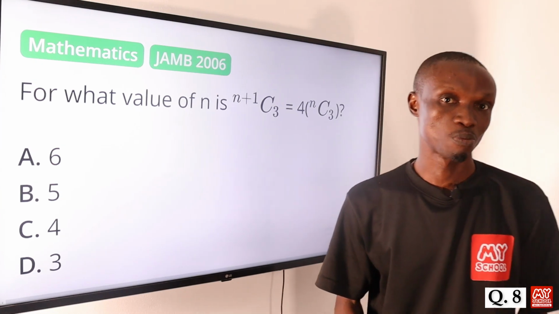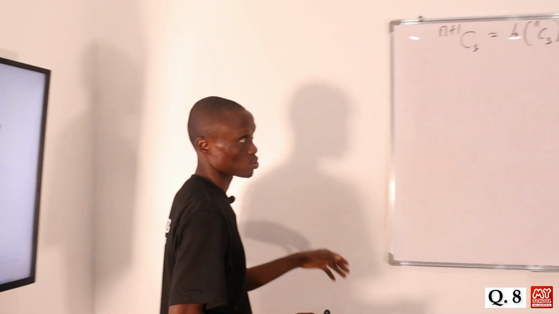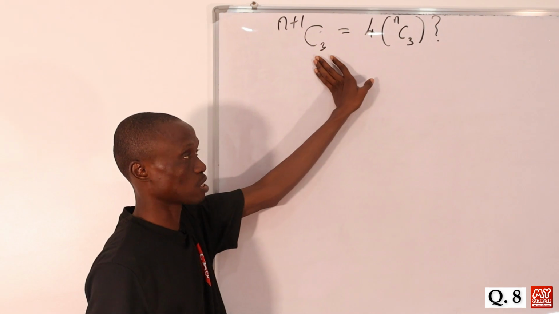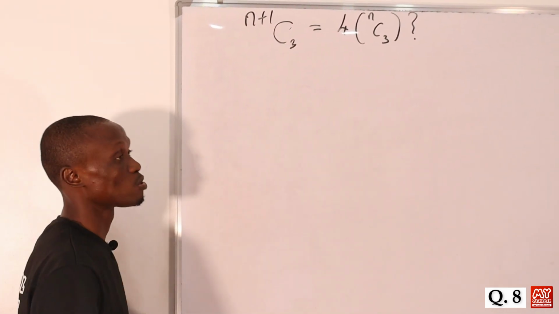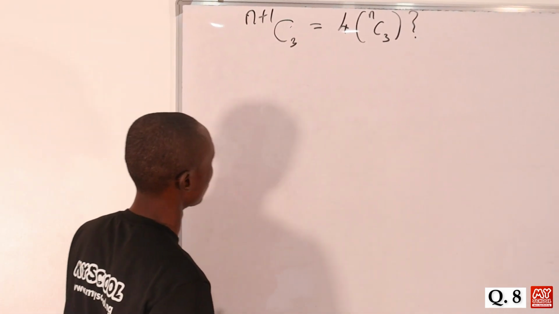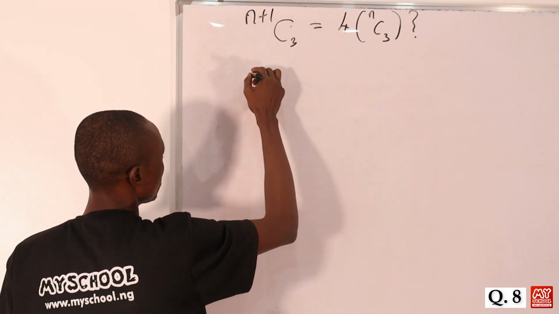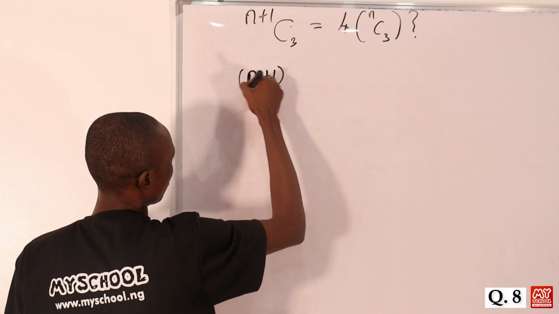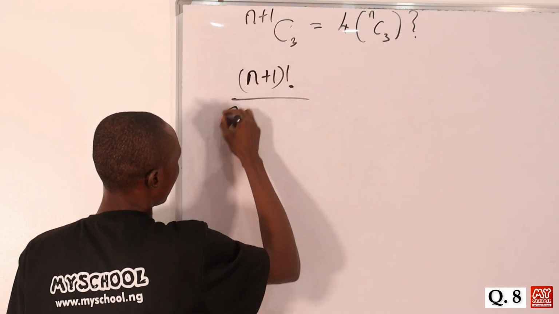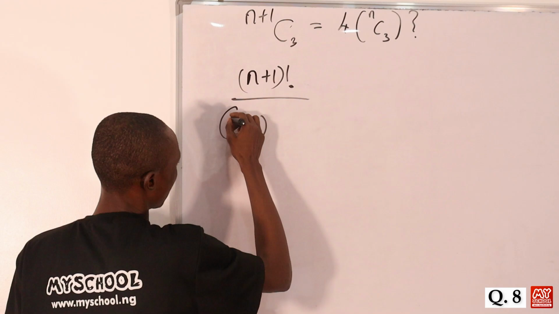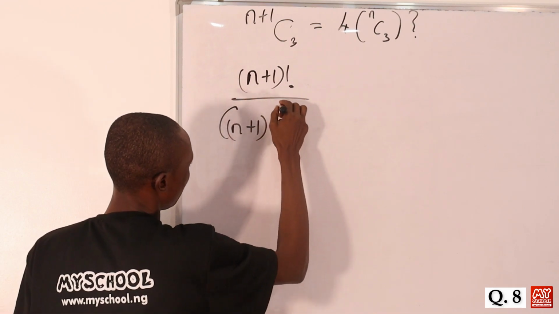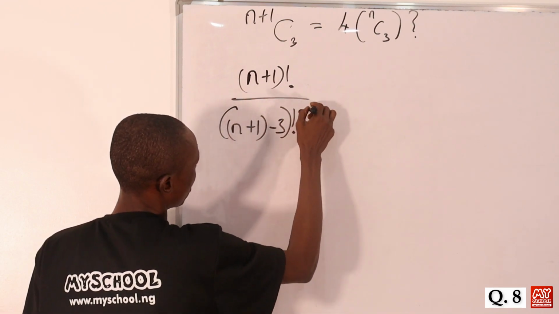So let's move over to the board to provide an answer to this question. To solve problems such as this, we just use the normal combination method. So n plus 1 combination 3 is (n plus 1) factorial over (n plus 1 minus 3) factorial, then 3 factorial.